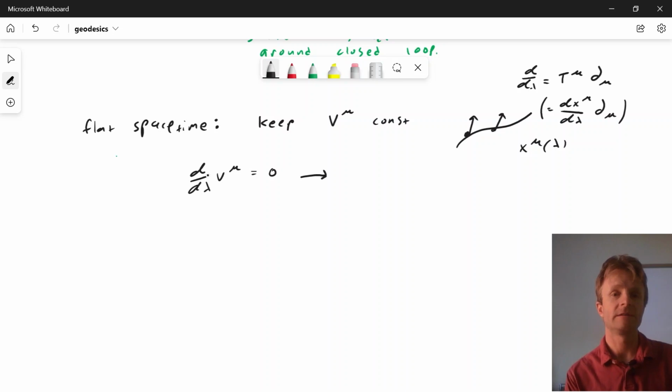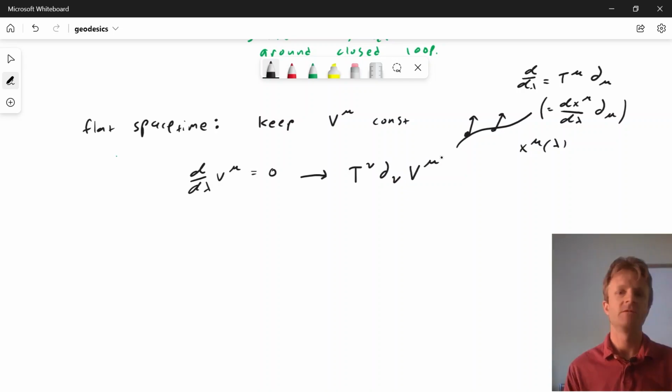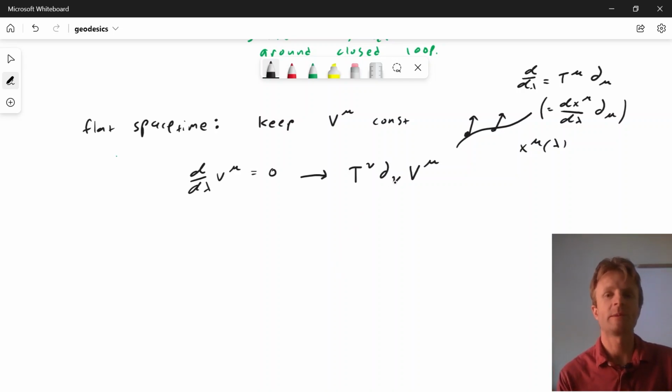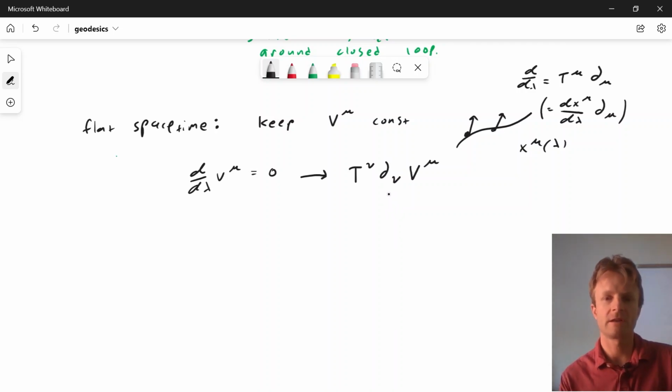So this equation, d/dλ v^μ, can actually be written, I need a different index, T^ν ∂_ν v^μ. Okay, now that's kind of nice because now we have this partial derivative, which we know how to promote. We argued that the thing that reduces to the partial derivative in flat space but plays nicely in curved space or in flat space with curvilinear coordinates is the covariant derivative. So we just do that.